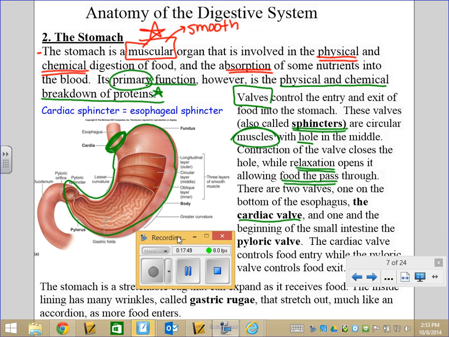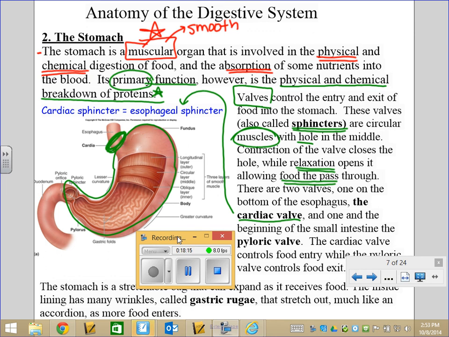The reason it was called the cardiac valve is because your heart is right there. But since it's not actually attached to your heart, it's attached to your esophagus, I thought I would mention that this tends to be the more commonly used name these days, but depending on what we're reading and what source we're looking at, it might still be called the cardiac valve.